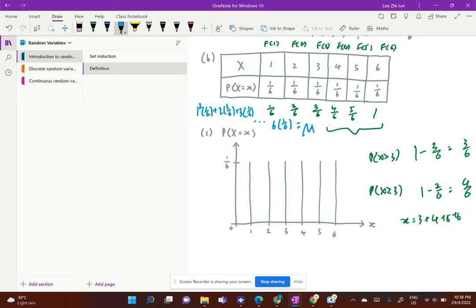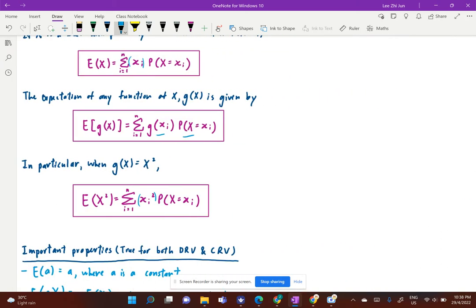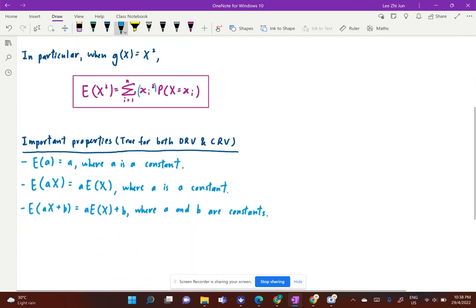Like this: 1 squared times 1 per 6 plus 2 squared times 1 per 6 plus 3 squared times 1 per 6, until 4 squared, 5 squared, 6 squared. So this is the E(X squared).